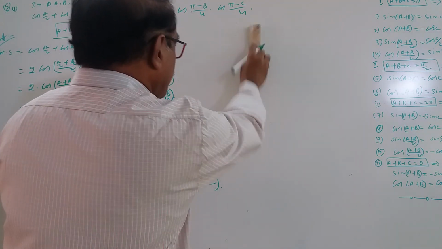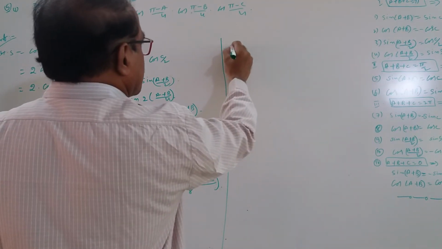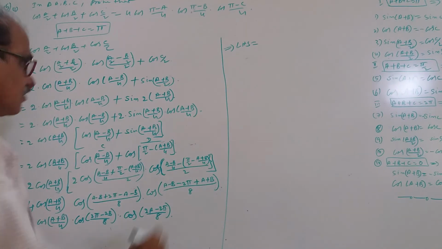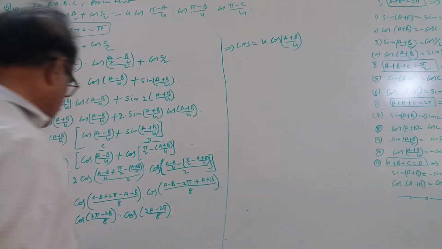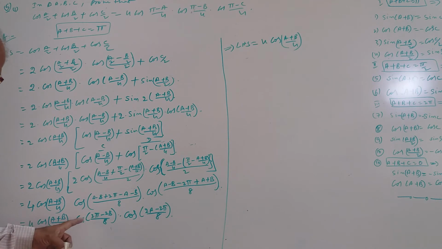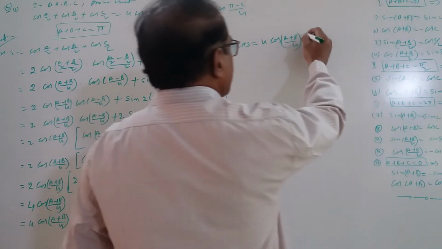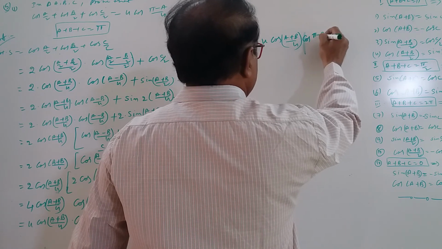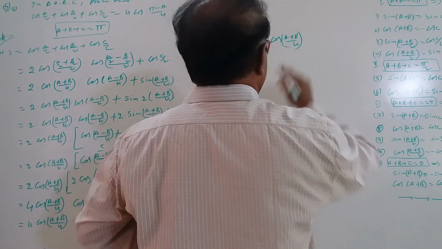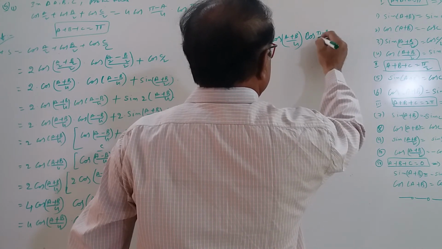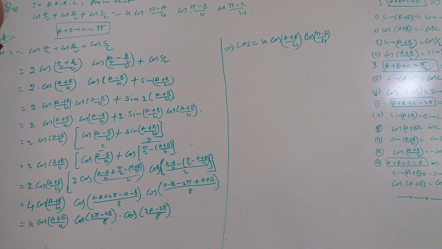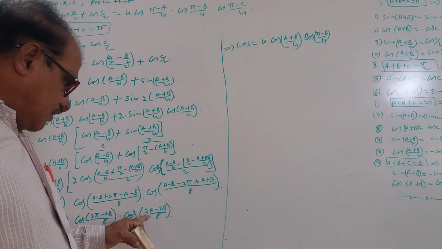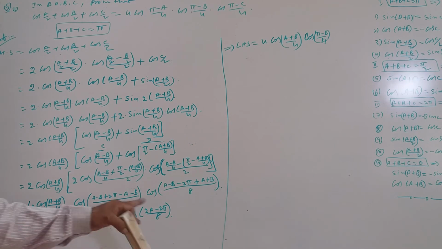Therefore LHS is equal to 4 cos (A plus B) by 4 into, if we divide numerator and denominator by 2, cos of (pi minus B) by 4, and again here, dividing by 2, (A minus pi) by 4.